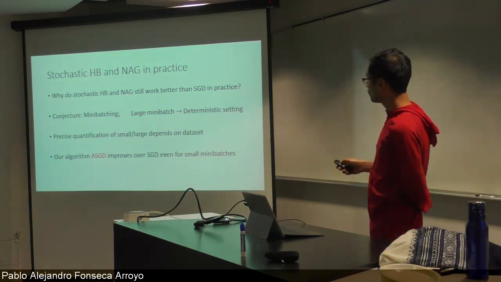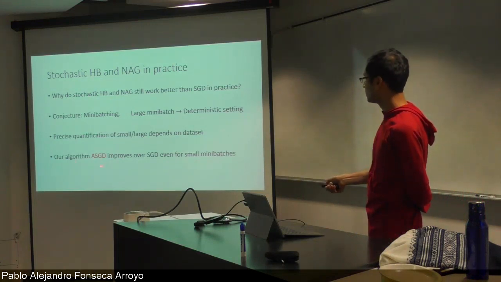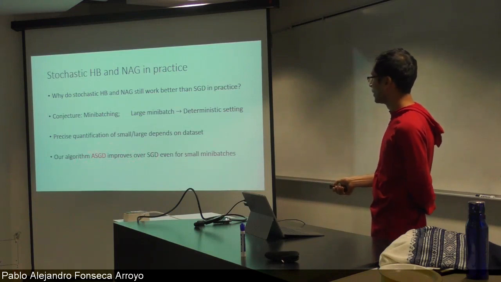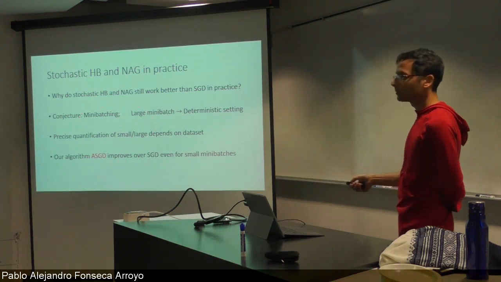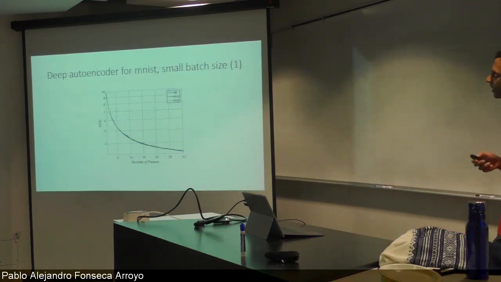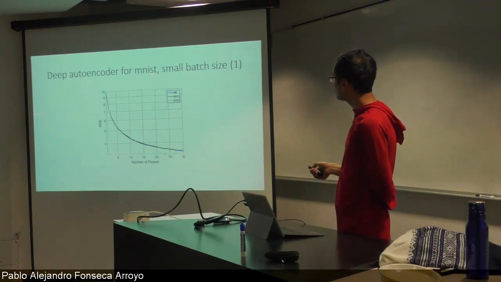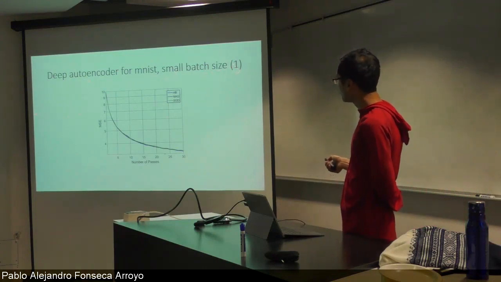So now let me show some empirical experiments that we did, evaluating the performance of ASGD as well as understanding whether this conjecture about mini batching is reasonable or not. The first experiment that we did was training a deep autoencoder for MNIST using a very small mini batch size of 1.